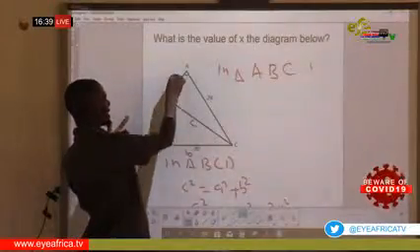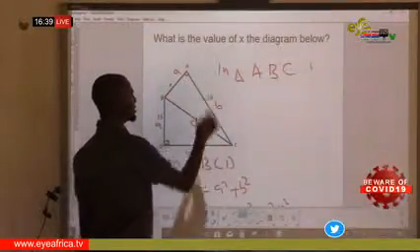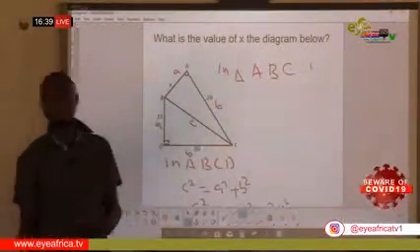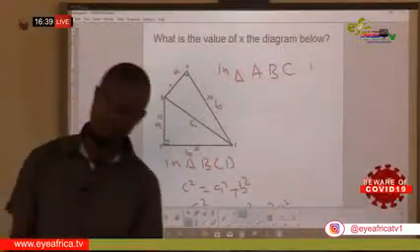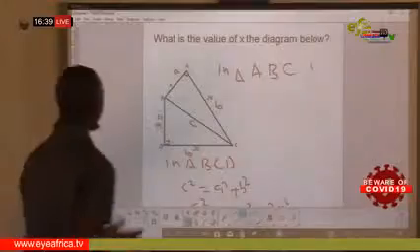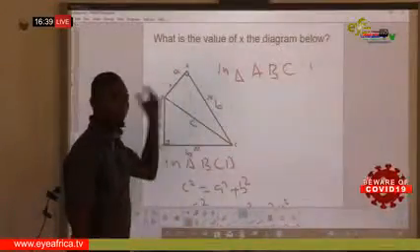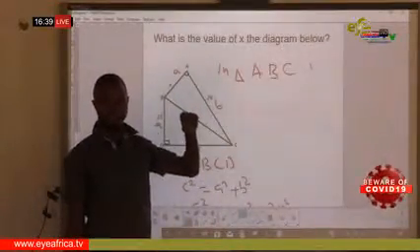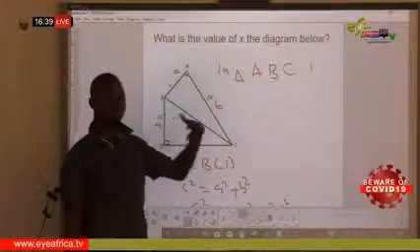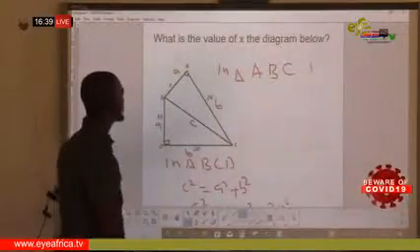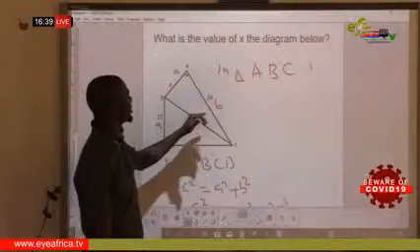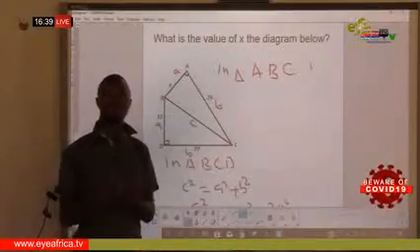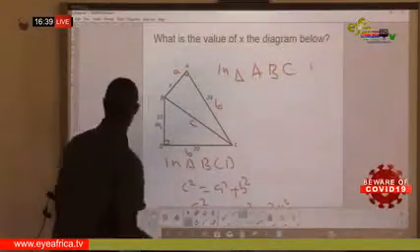But here you label here A, this is B. Always, the longest side of the right angle triangle is the hypotenuse, and it is always opposite the 90 degrees. So C also here happens to be the hypotenuse of the triangle, and it is the side that is opposite the 90 degrees. So we use the formula to find it. We have C, we have B, now we look for A, which is equals to x in the other right angle triangle.